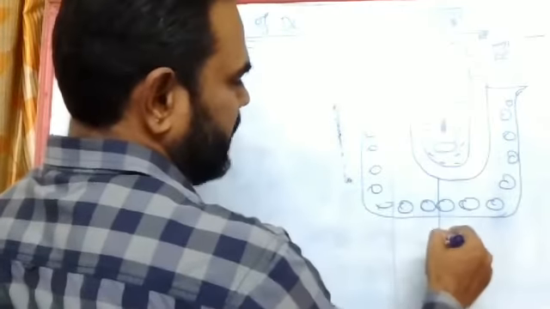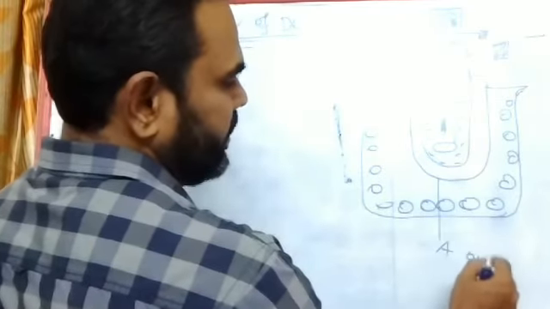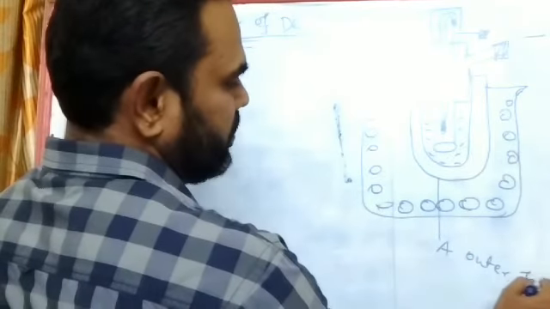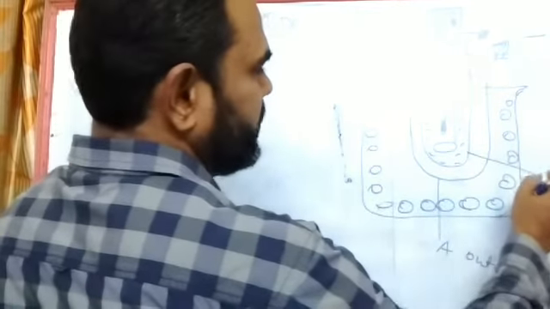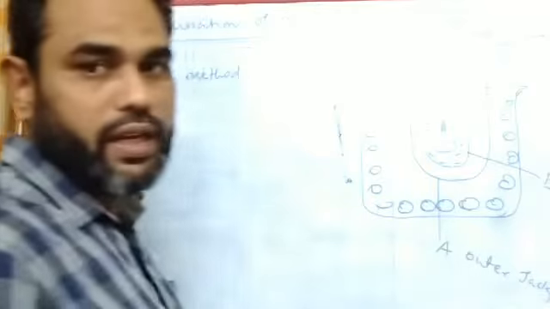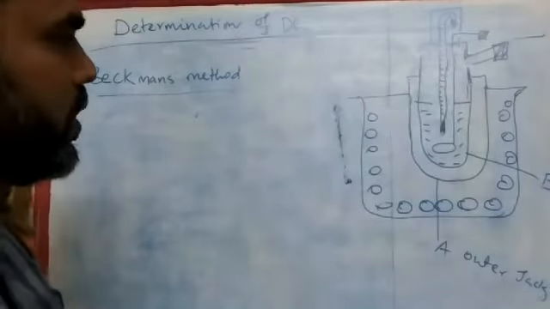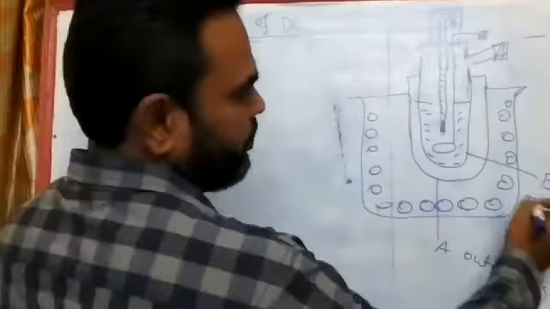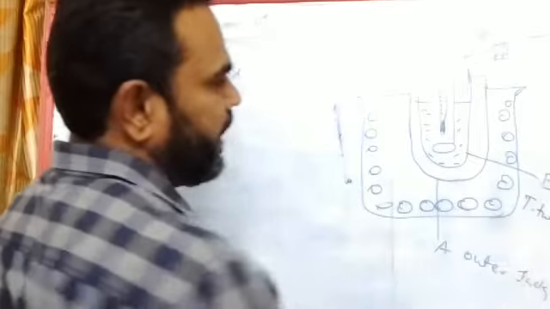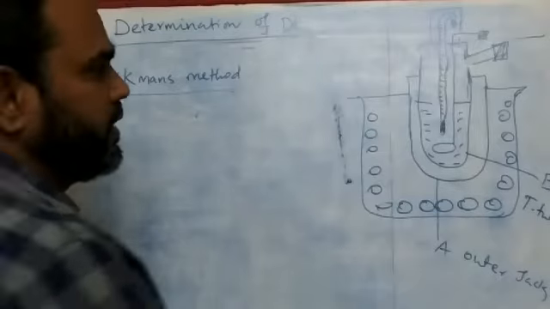So A is the outer jacket, B is the test tube where actually the sample is being taken.